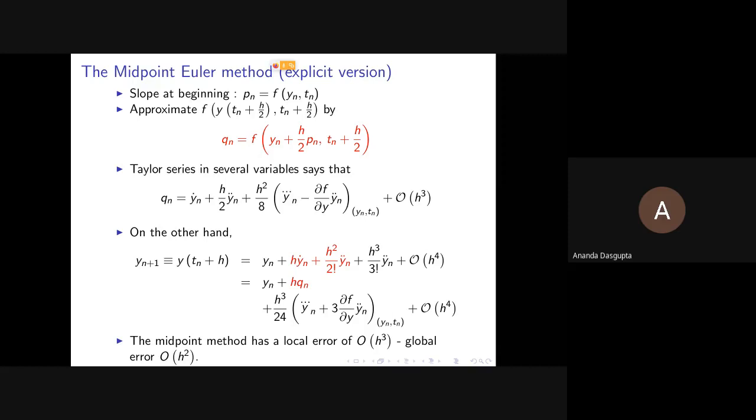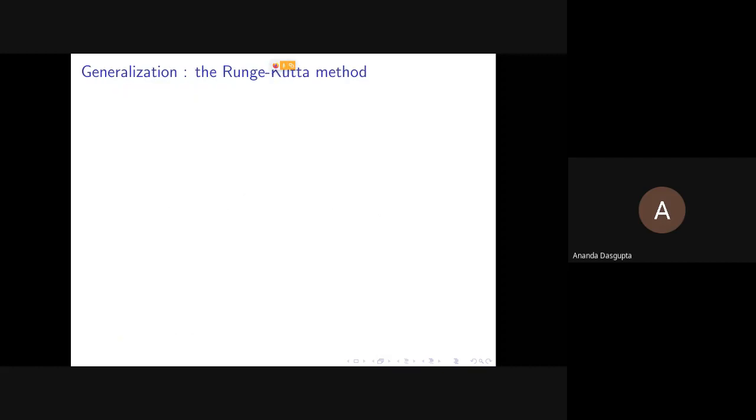So today, let me just point out that the midpoint Euler method is an improvement, but it's not the only possible way. In fact, a generalization of the midpoint Euler method would be the Runge-Kutta method. This is not the Runge-Kutta method we will actually use; we will use the Runge-Kutta fourth order method.